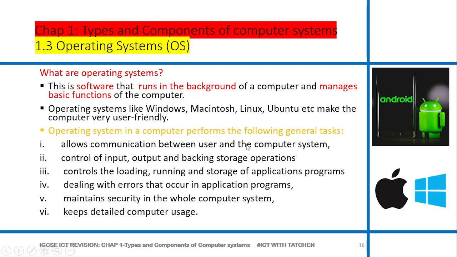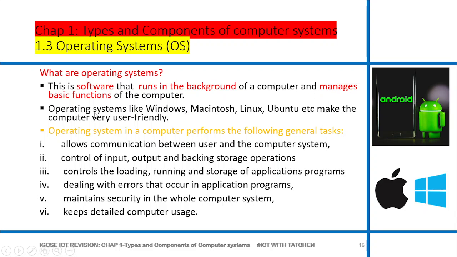So for operating systems, the first thing is, what are operating systems? Basically, they are software that run in the background of a computer and manage the basic functions of the computer. For instance, what I'm doing now has been enabled by the operating system. It is just running in your background, but it allows for a lot of things.